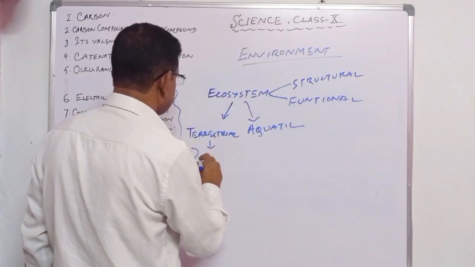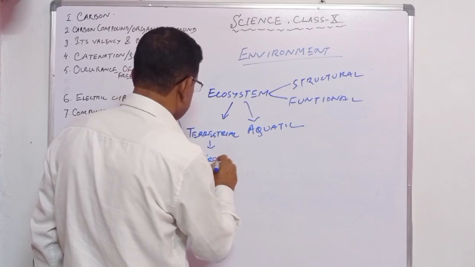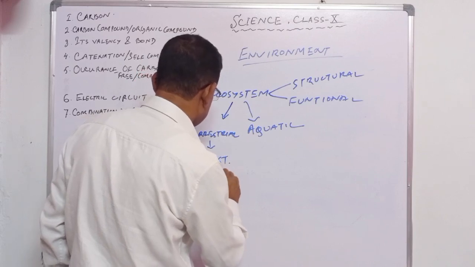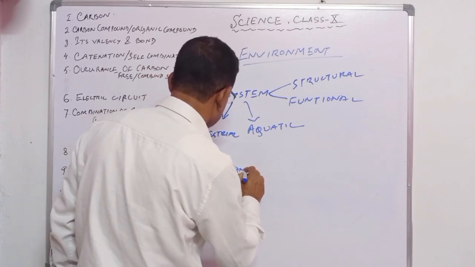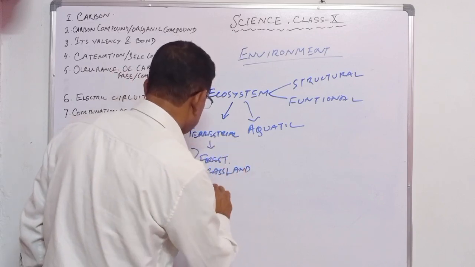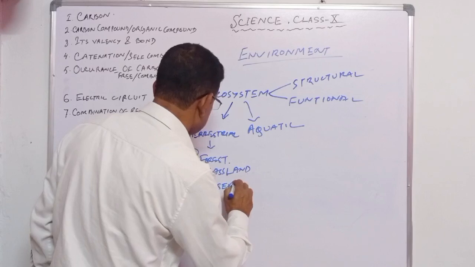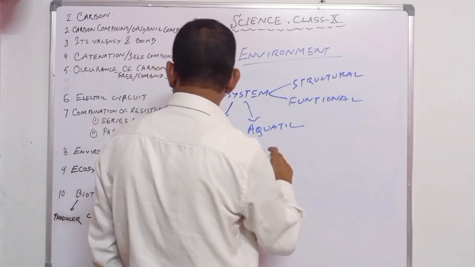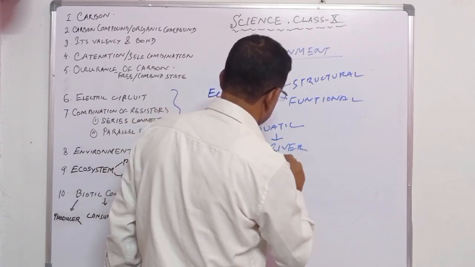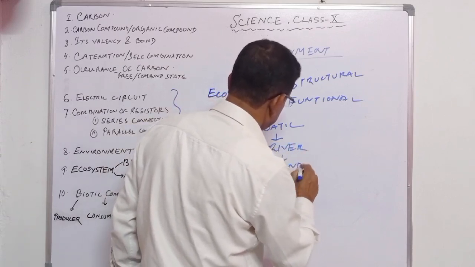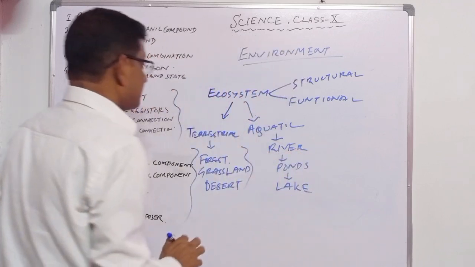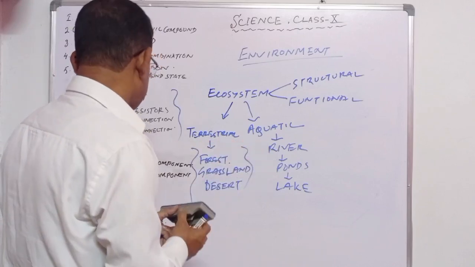In terrestrial, for example, we can say the forest, grassland, desert, etc. These are examples of terrestrial ecosystem. Aquatic: river, pond, lake, etc. are examples of aquatic ecosystem.